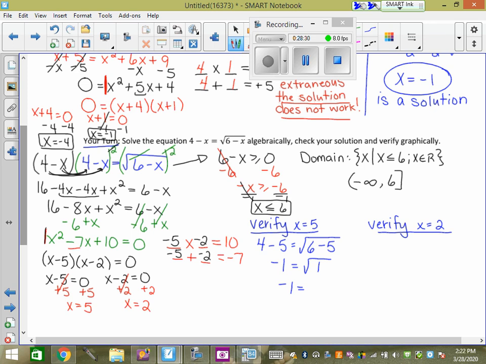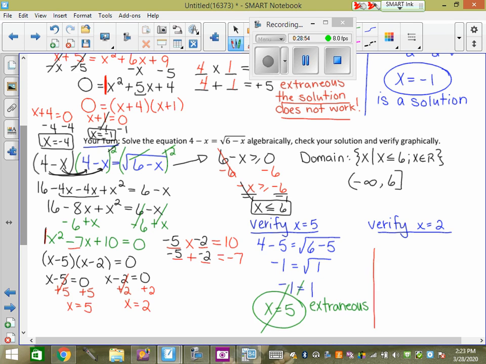Negative 1 equals 1? No. So x equals 5, draw a circle around it, draw a line through it, is extraneous. It is not a solution. It's a value of x, but it doesn't exist on this graph.